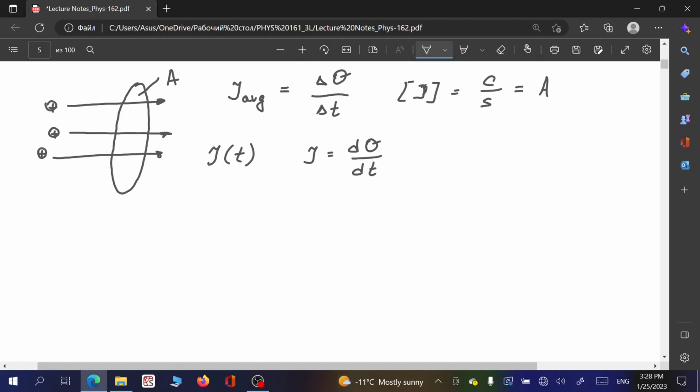So let us understand what is the reason for these charges to move actually. So far we considered conductors under electrostatic equilibrium. And the key condition there was that under electrostatic equilibrium, we do not have any electric fields inside the conductors.